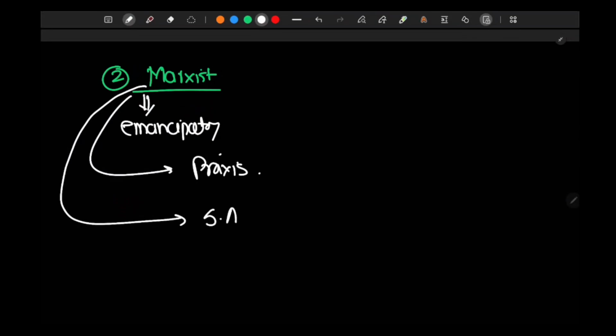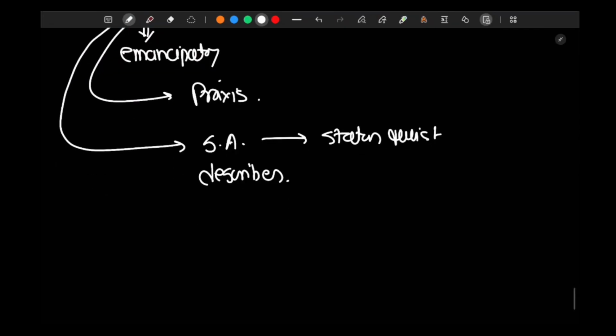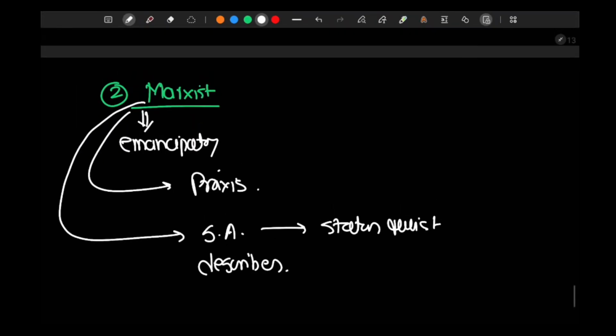So the systems approach is status quoist. It only describes the situation, does not give the ability of a system to change, the ability of people to make actual change. That is why Marxists say that the systems approach is not relevant for the developing world.